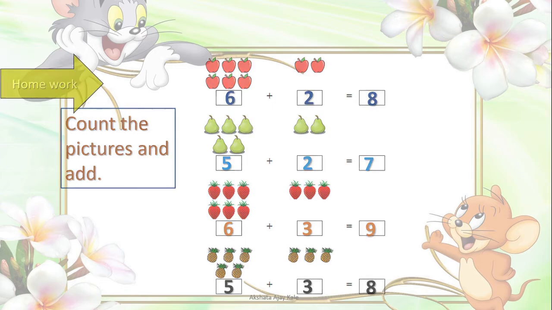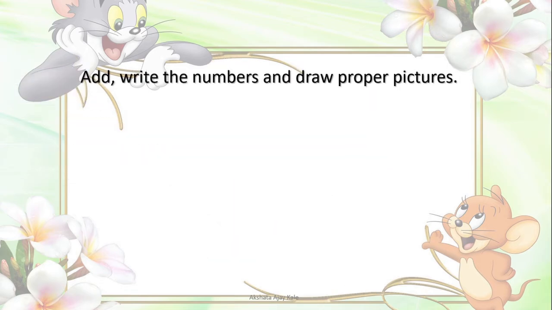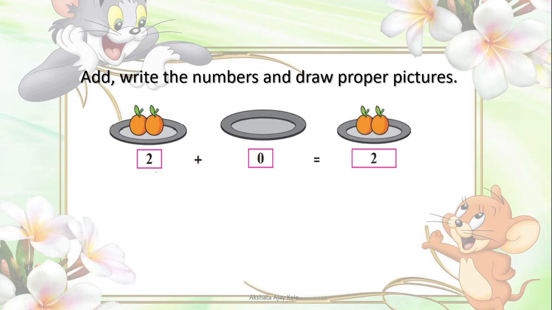Okay. Now here you can see add, write the numbers and draw proper pictures. See the first one. This is from your textbook. See here a plate with 2 fruits, isn't it? Okay, and this plate has no fruit, that is 0. Nothing means here 0, correct?